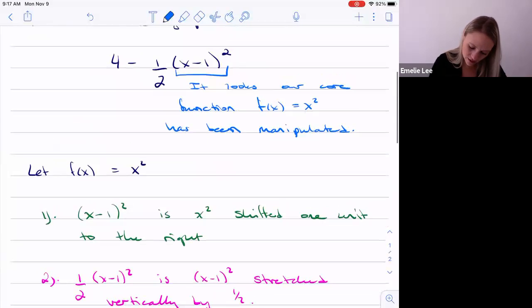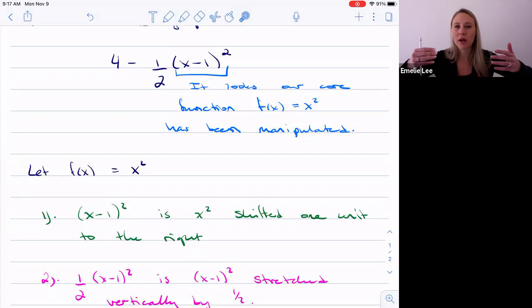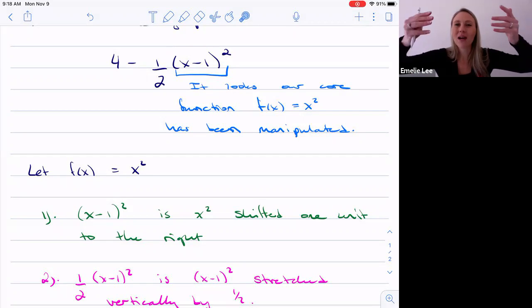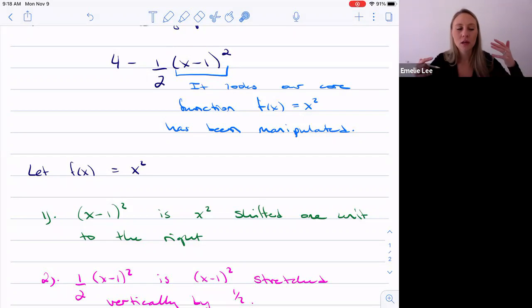So now I've built out from here. My next step is to take the negative of this thing. The negative of a function is a reflection around the x-axis, because my y's are becoming negative. If I have a positive y, it becomes negative with this negative in front of the function.